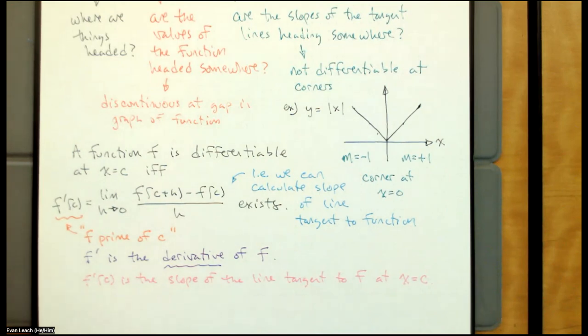We have a function called the derivative, and that function tells us the slope of the line tangent to a curve at a given point. That's one of our big questions in calculus.